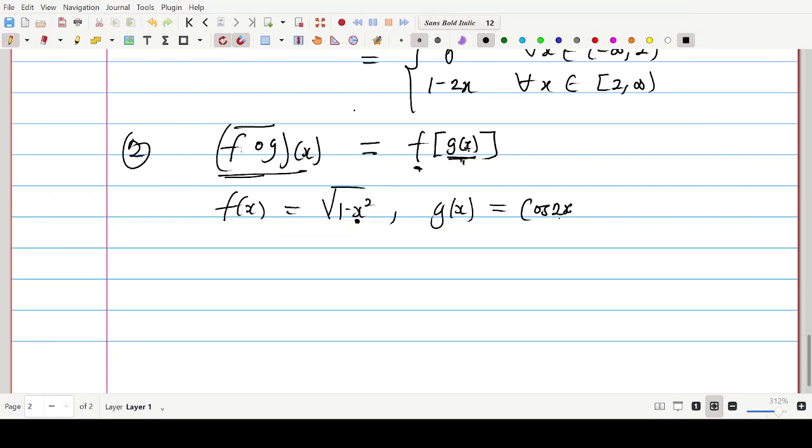This function you see here, what is the maximum value of this function? Well, the limit of this function cos 2x is minus 1 and 1. That is, minus 1 is less than or equal to cos 2x, and that is less than or equal to 1.